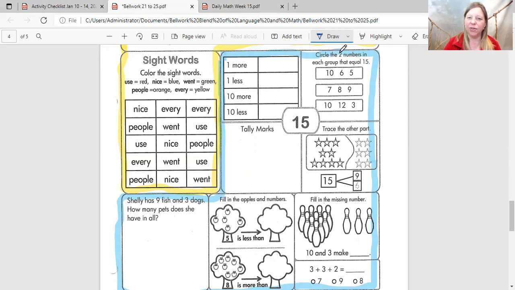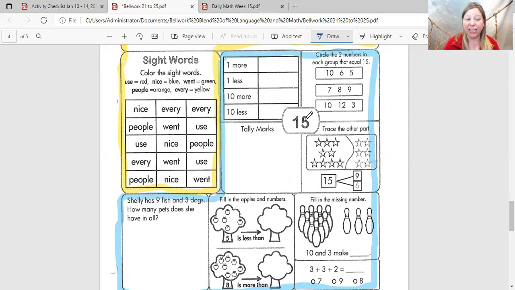Then it says to circle two numbers in each group that equal 15. So you need to build the number 15 for each of these rectangles. Circle the two numbers in each group that would be used to build 15. And you need to draw tally marks in this section to make 15.